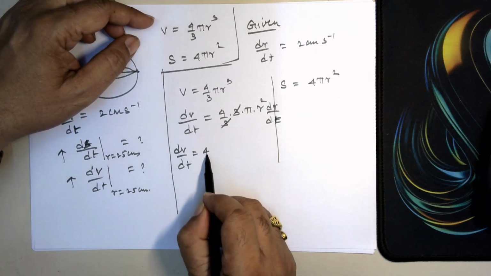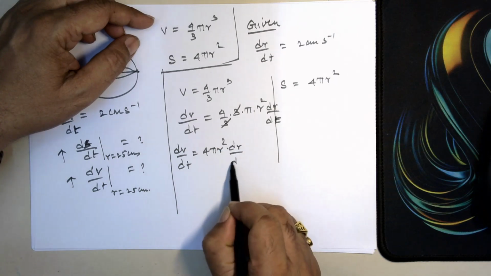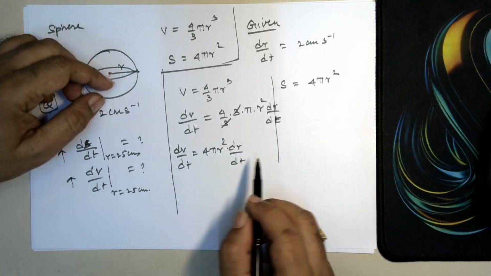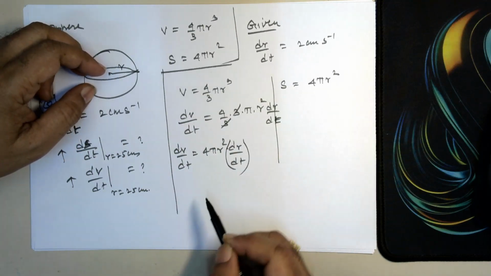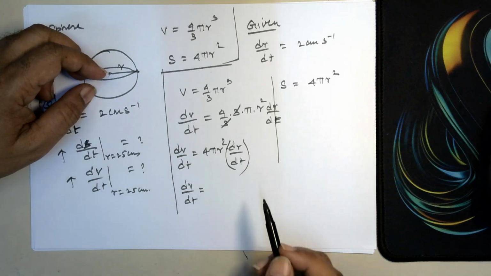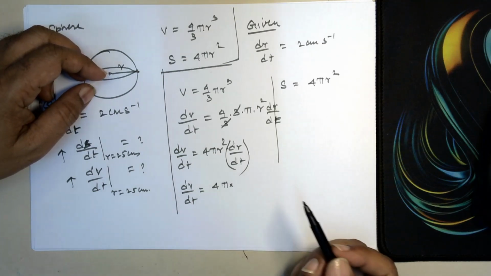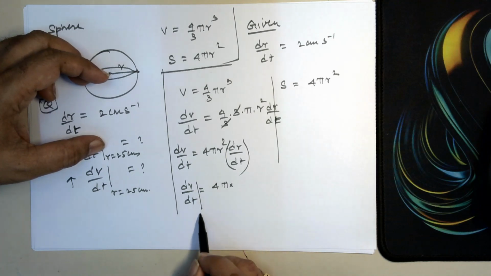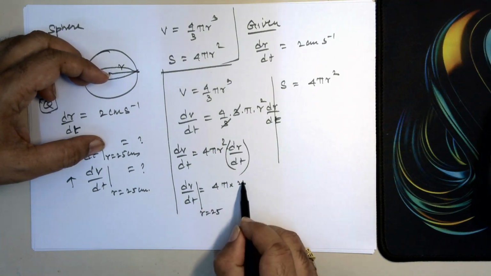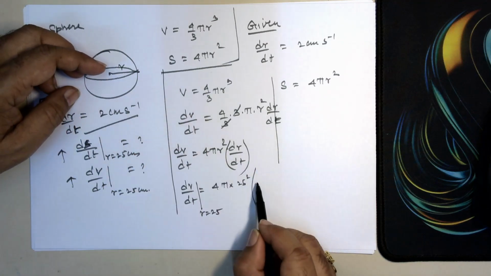And dV by dt is equal to what? 3 cancels. Now you have 4 pi r squared dr by dt. Now we can substitute the value of dr by dt. So dV by dt is equal to 4 pi, and r is given as 25, so substitute 25 squared, into dr by dt, which is 2 centimeter.